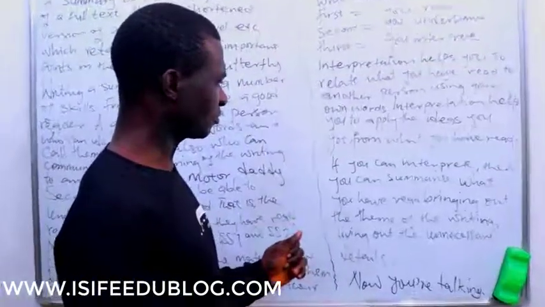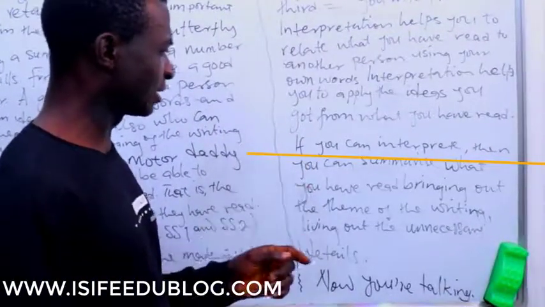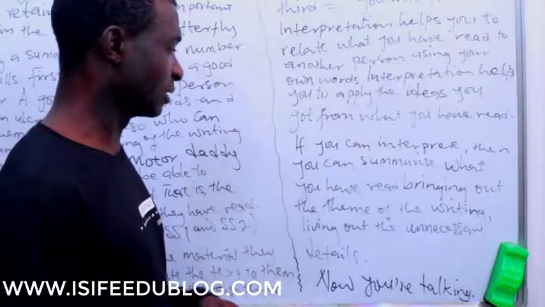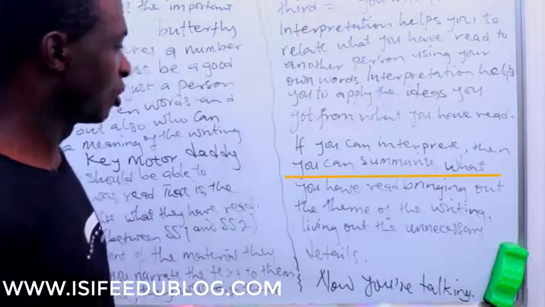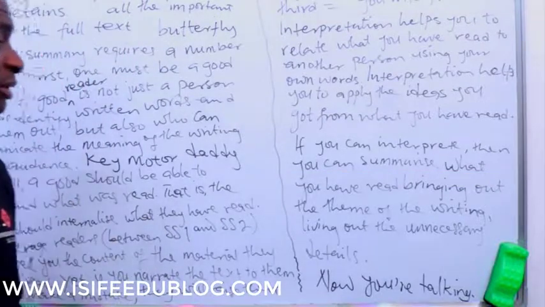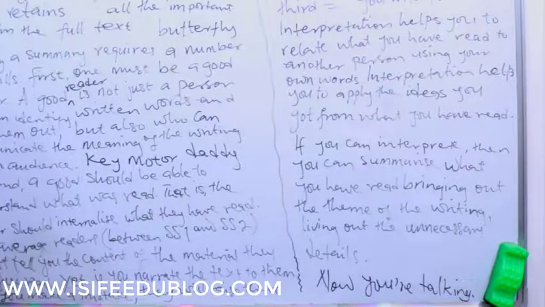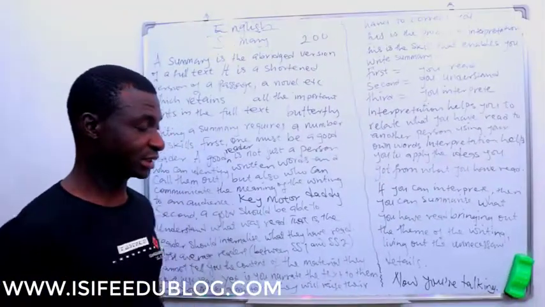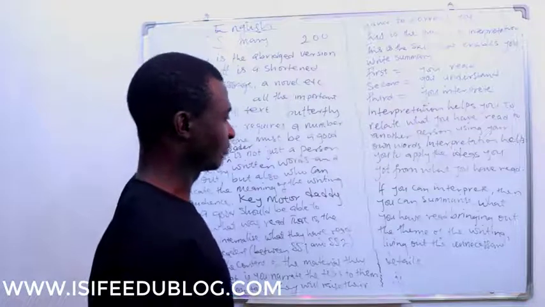Now, if you can interpret, then you can summarize what you have read, bringing out the theme of the writing, leaving out the unnecessary details. That's the truth. I've come to this level.